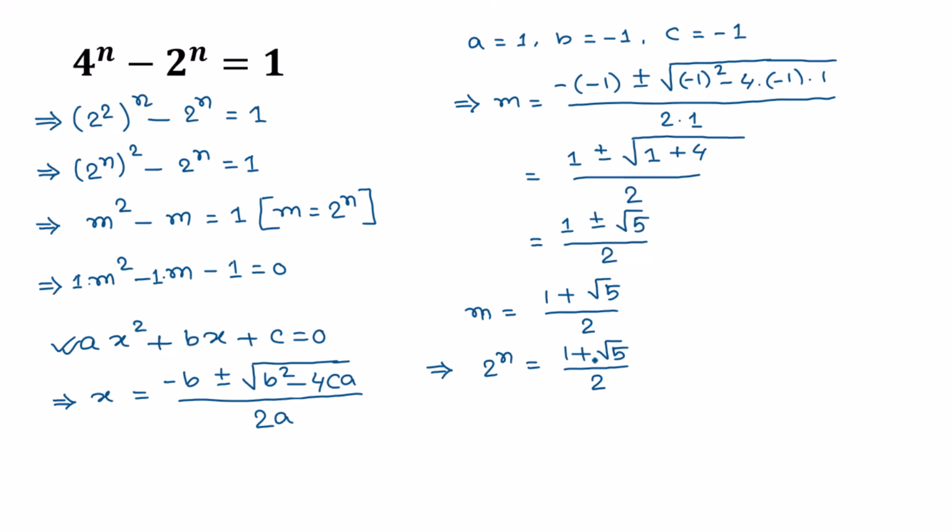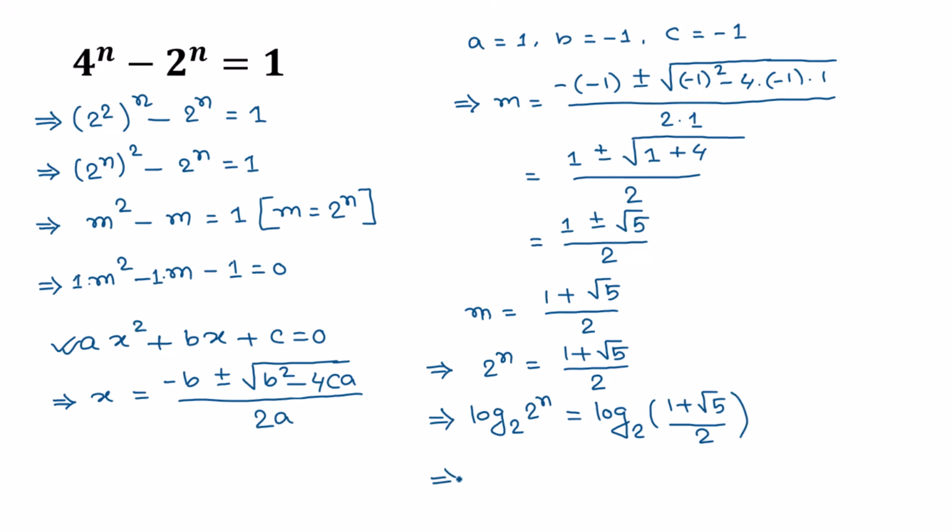Now taking log base 2 on both sides, we can write log base 2 of 2 to the power n is equal to log base 2 of (1 plus the square root of 5) over 2.